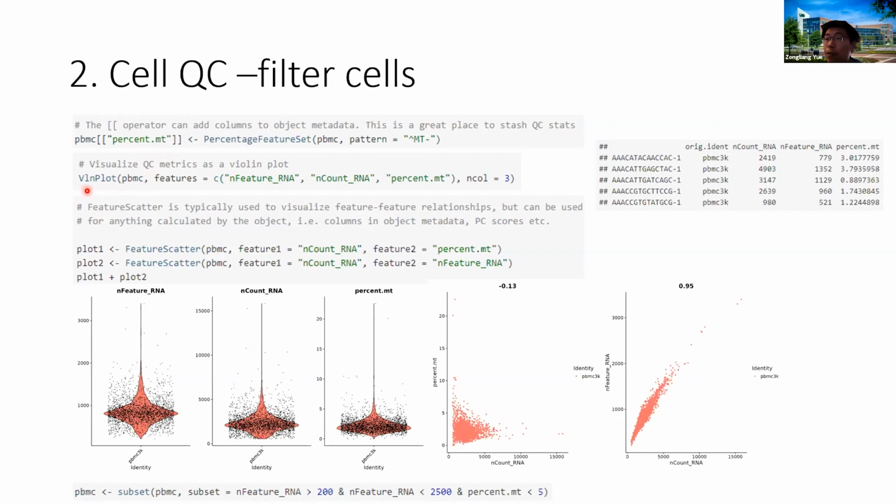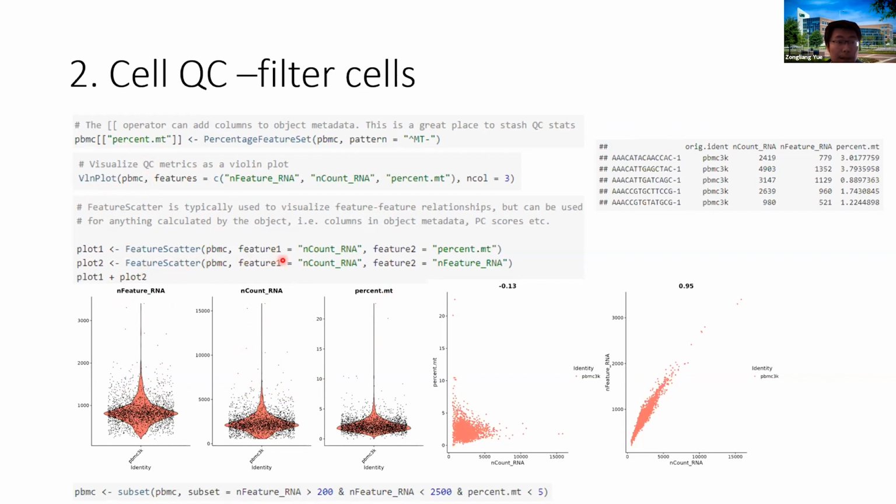You can also view the violin plot of the overall distribution of nFeature_RNA, nCount_RNA, and percent mitochondria. nFeature is the number of unique genes detected in each cell, nCount is the total expression value in each cell, and percent.mt is the expression of mitochondrial genes divided by the overall gene expression.